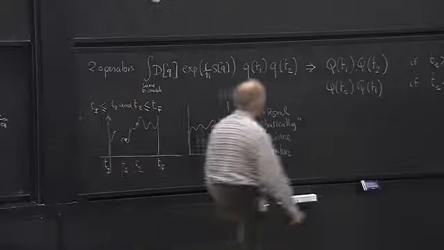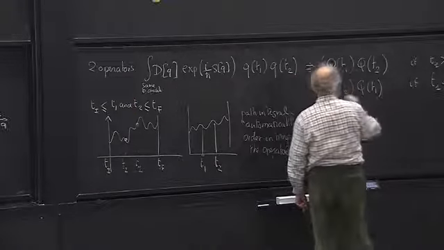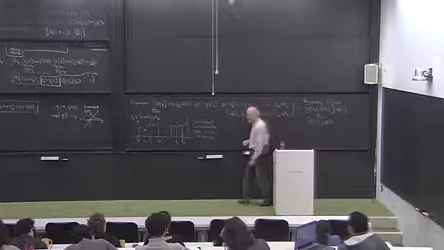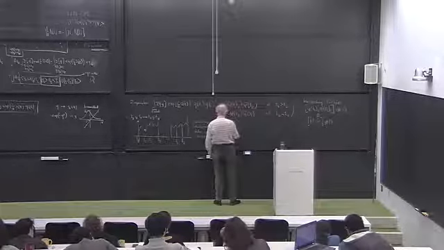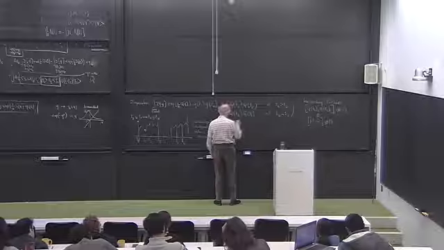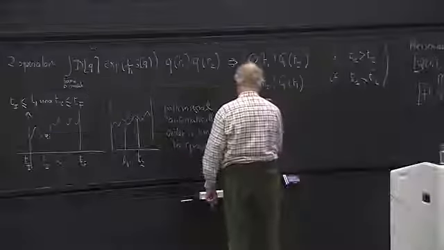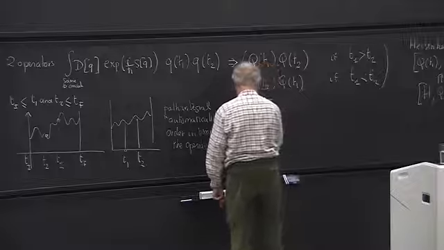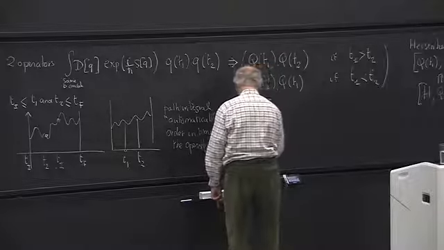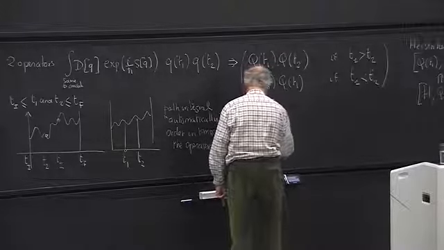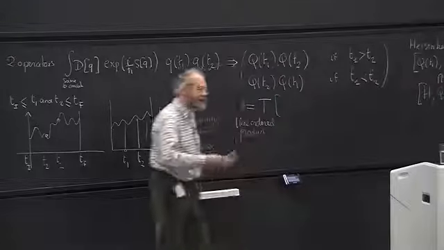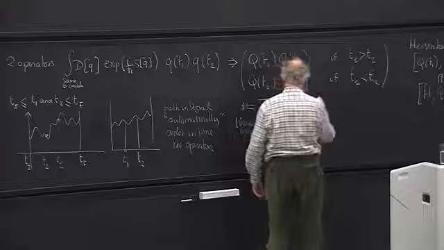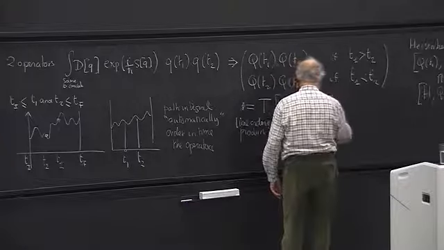And this object, in fact, there is a mathematical definition of this object, which is just, by definition, let us call this the time-ordered product. T runs for time-ordered product of the operator Q of T1 and Q of T2.